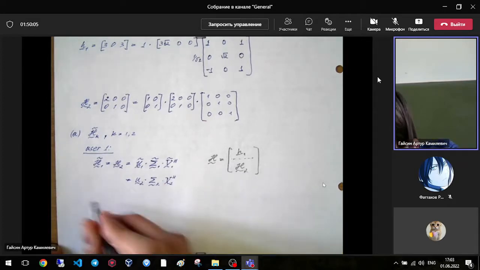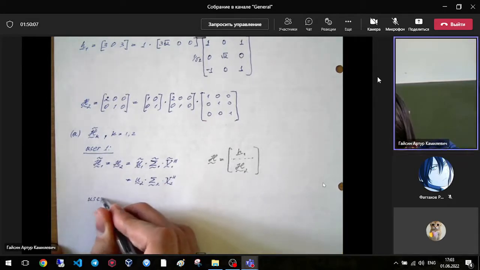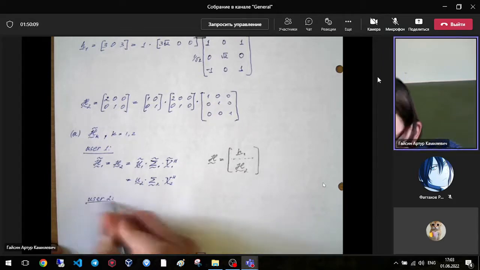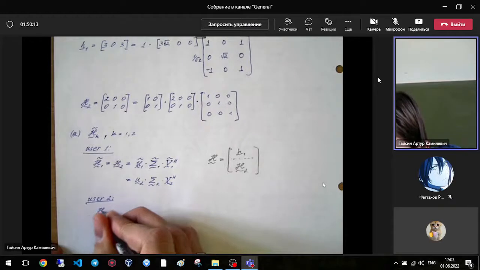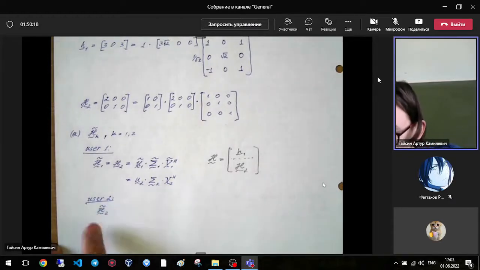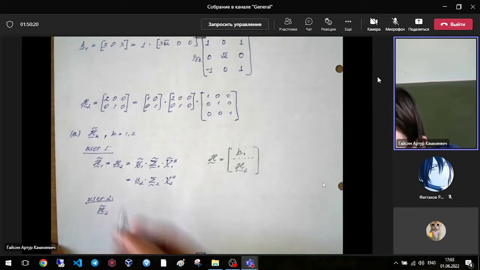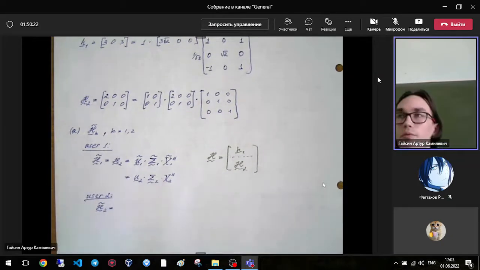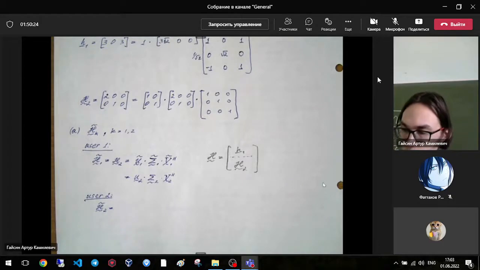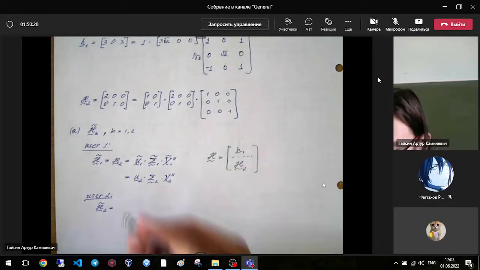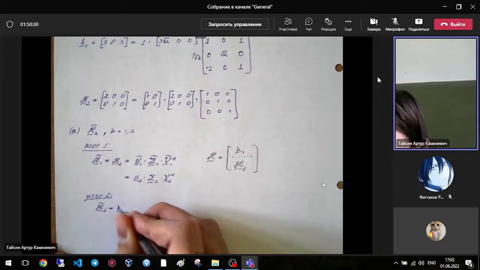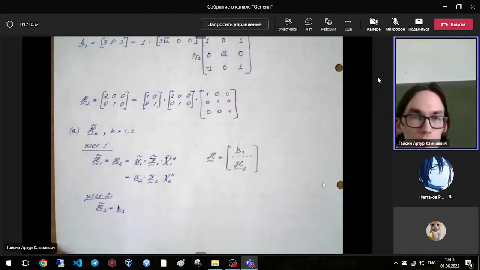So next, for user 2, we also want to create this H with tilde but with index 2. So matrix H2 with tilde. And in this case, what do we have? So we need to remove this one, H2. And it is equal to just the channel of the first user.